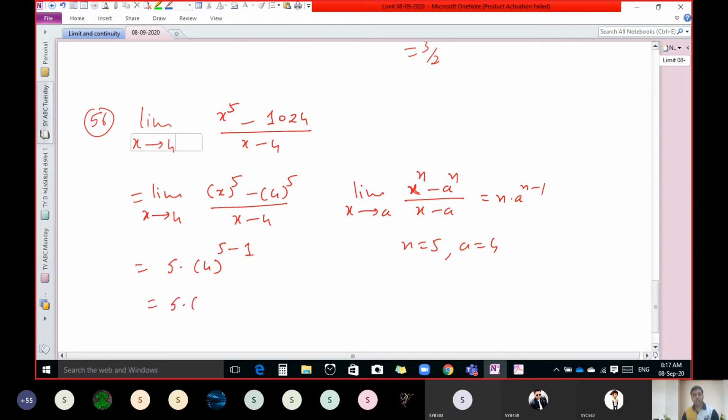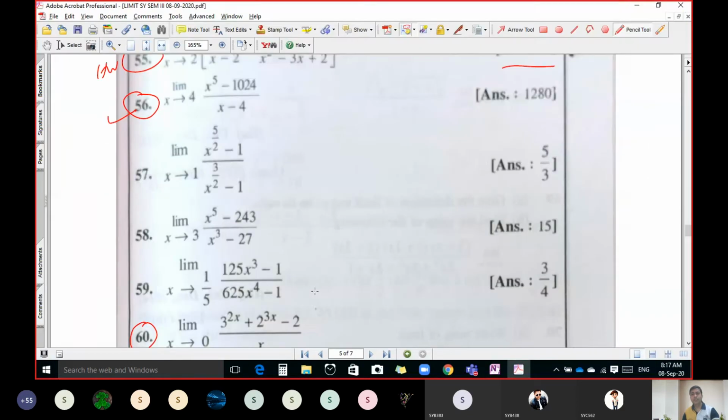So it is 5 into 4 raised to 4, which is 256 into 5. That is 1280. So 1280 is our final answer.